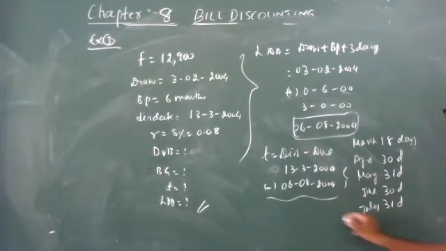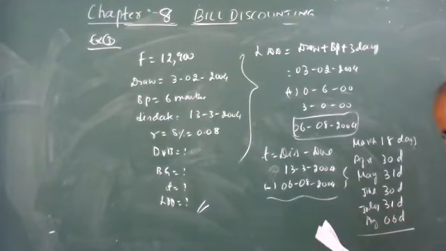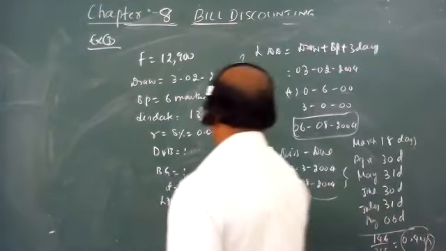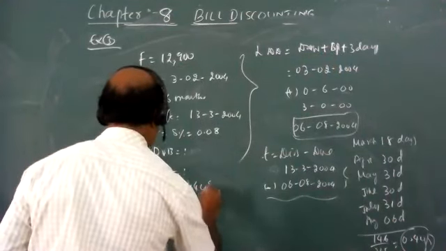Now August will be 6 days. So total, if you add, that becomes 146 days divided by 365, that becomes 0.4 years. So you got the T value. So T is equal to 0.4 years.